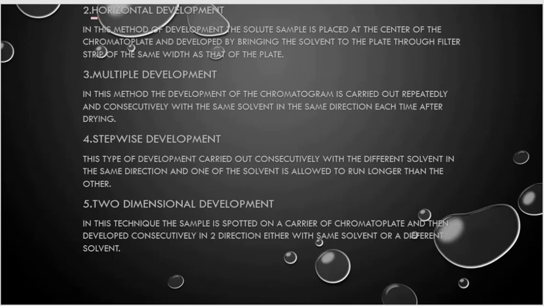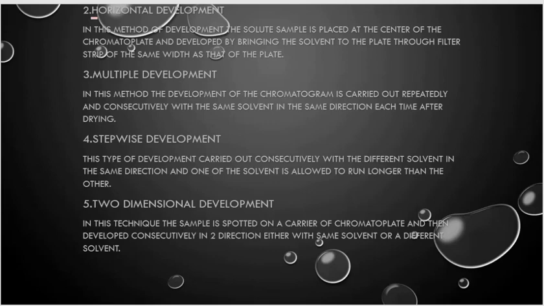The third one is the multiple development. In this method, the development of a chromatogram is carried out repeatedly with the same solvent in the same direction each time after drying.